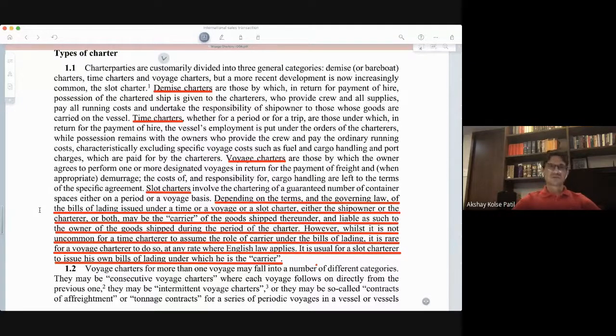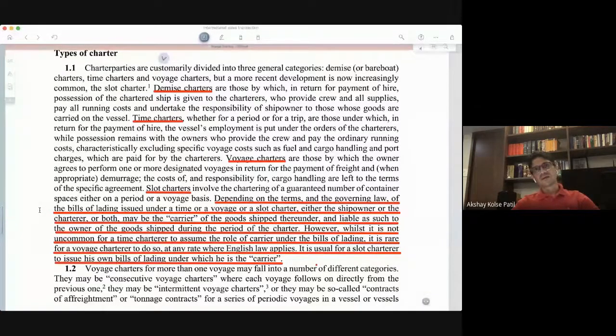In sum and substance, a demise charter is like a dry lease. You just take over the ship and you run the ship as your own. In fact, in admiralty law, a demise charterer or a bareboat charterer is a de facto owner of the vessel, and the vessel can be arrested for any fault of the demise charterer.